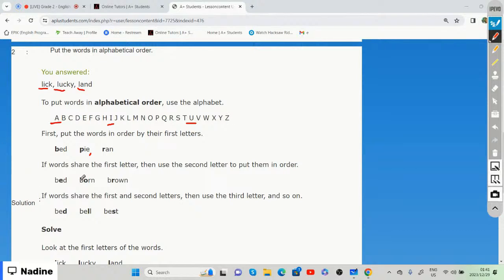So if we put that in order, A comes before I, and I comes before U, which means that we're going to say land first, then lick, and then lucky.